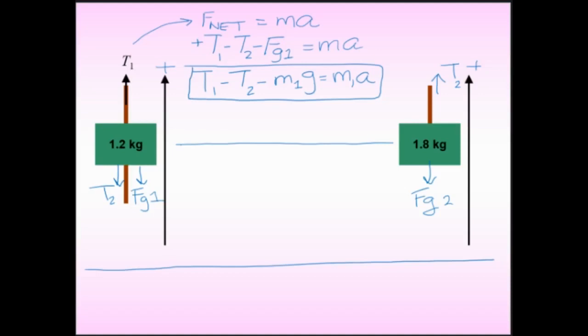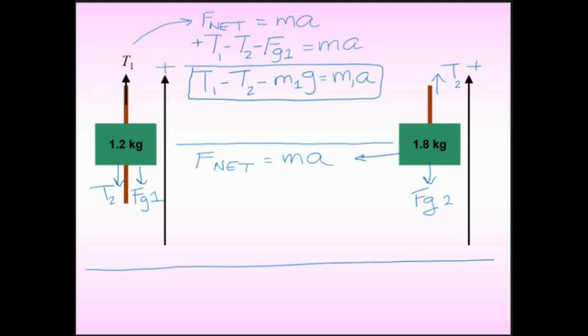What do you think my next step is? I am done with that mass. What should I turn my attention to now? The other mass. Perfect. So now we're going to do this analysis. F net also equals what? Still ma. What are the forces on this object?